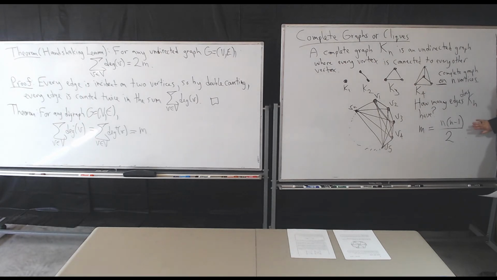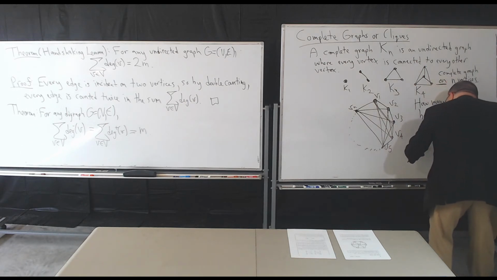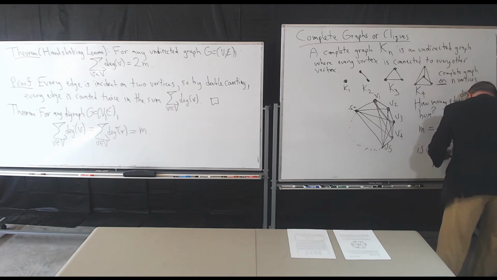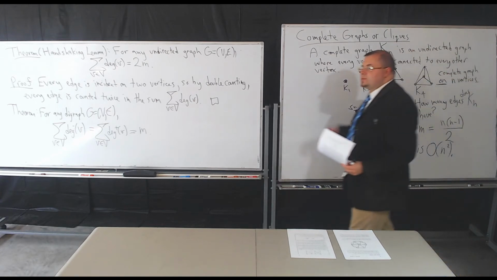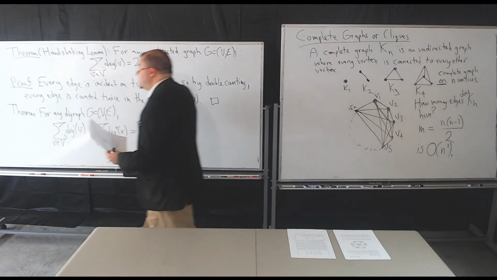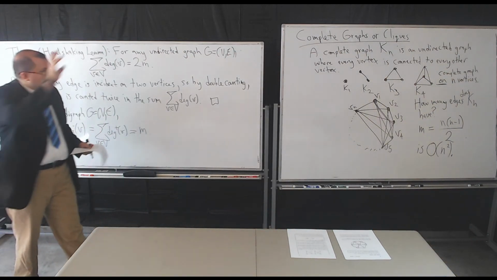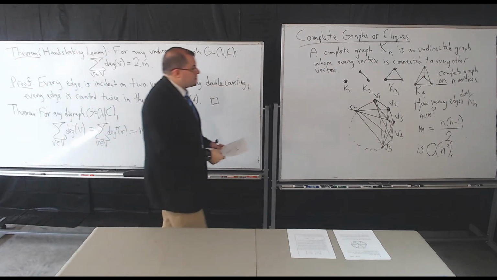This is the maximum possible number of edges a simple undirected graph can possibly have. But what is this in terms of big O? It's big O of n squared. Do you see that? So you could just show that n times n minus 1 over 2 is big O of n squared. So the maximum possible number of edges you can have in a simple undirected graph is big O of n squared.